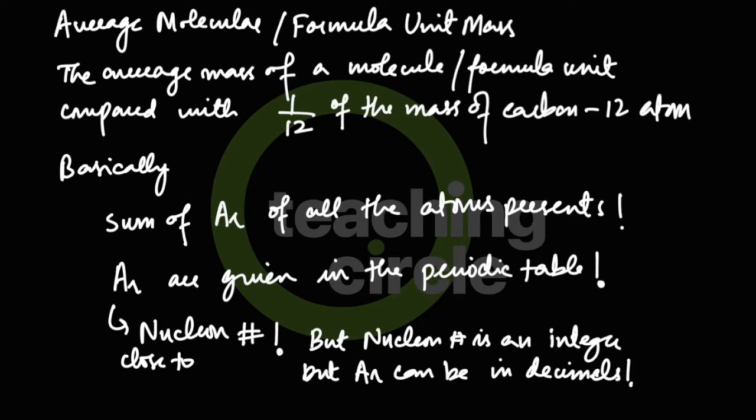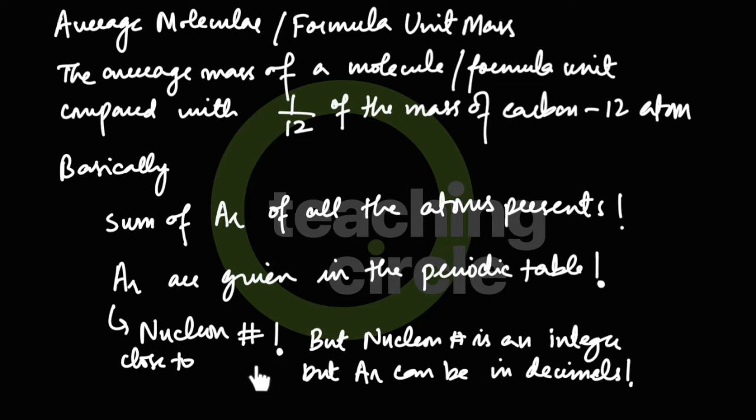Now here, I'd like to point out that the relative atomic mass is very close to the nucleon number. The only difference is that the nucleon number is simply the sum of protons and neutrons present in the nucleus, so it's an integer, a whole number value.